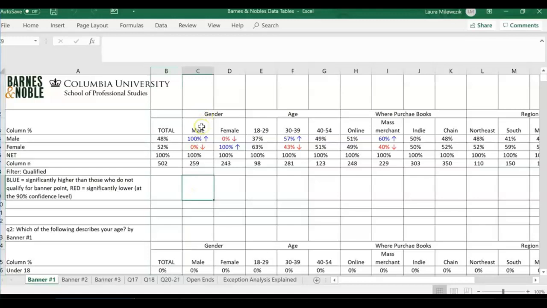So if we look quickly across at this banner, you can see we've run these tabs by males and females, so by gender. We ran it by 3 different age groups.